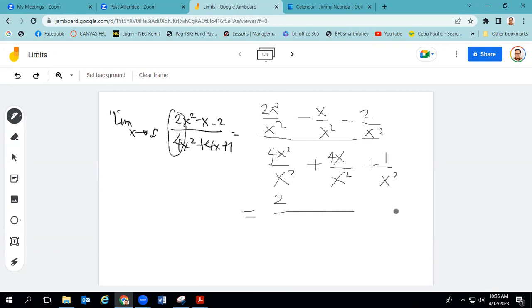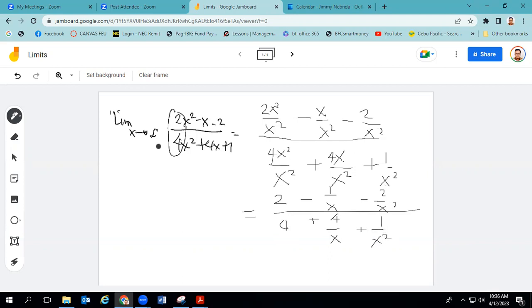It's only 2. This one is minus 1 over x. This one is minus 2x squared over x squared. And then this one is 4. This one is plus 4 over x. And then this one is plus 1 over x squared.